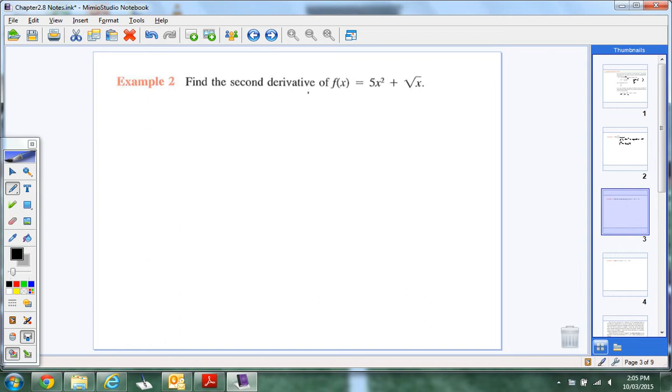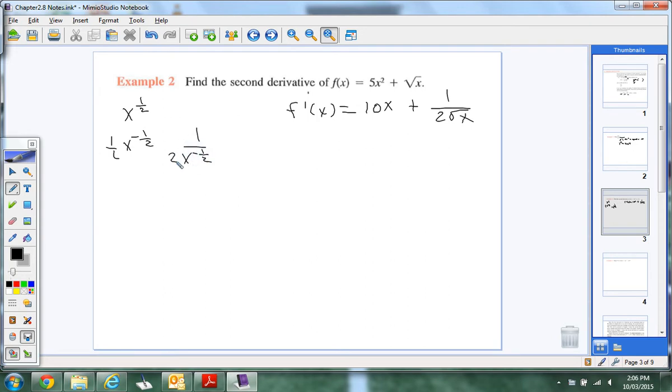Our first prime here would be 10x, and then we know what the derivative of root x is by now, don't we? 1 over 2 root x. Again, for those of you who haven't been here, that's x to the 1/2. I drop the 1/2. I get x to the negative 1/2. That puts it on bottom, which is just a positive.